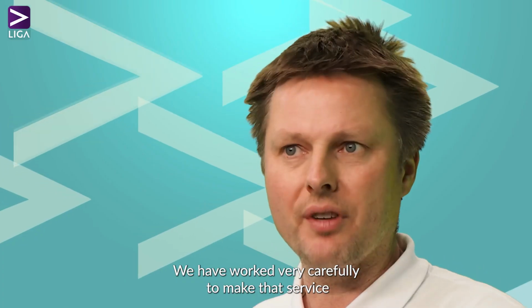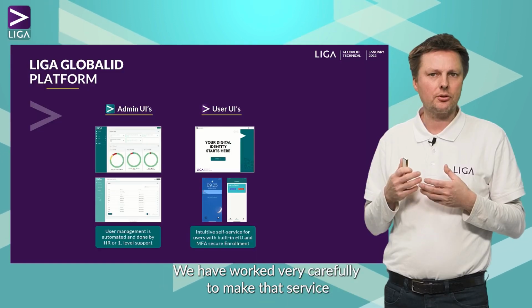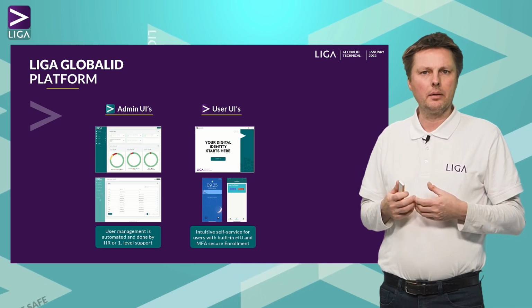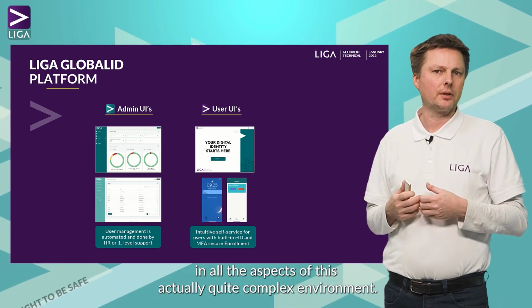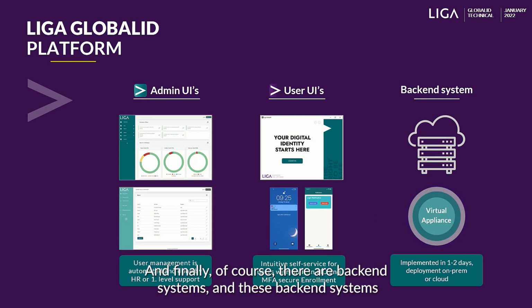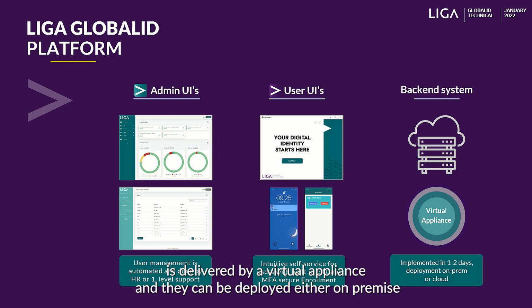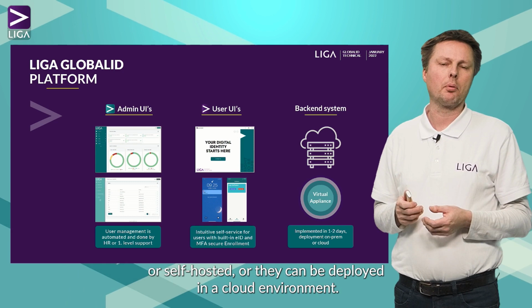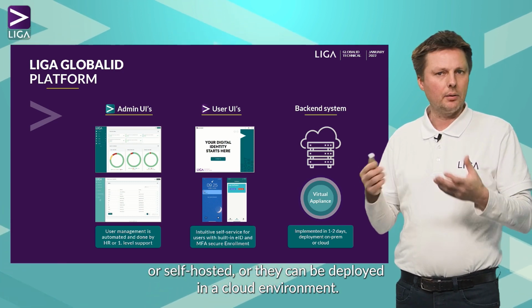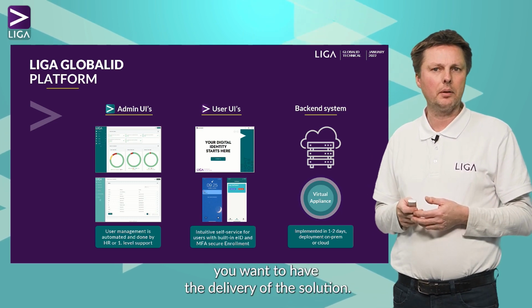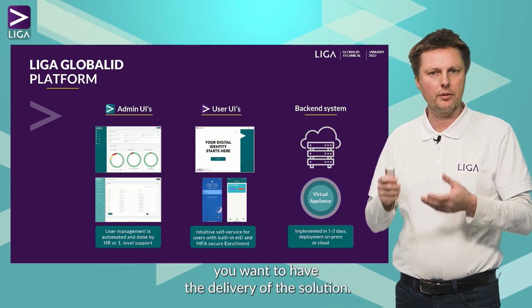We have worked very carefully to make that service very easy and simplified for the users in all the aspects of this actually quite complex environment. And finally, of course, there are backend systems, and these backend systems are delivered as a virtual appliance, and they can be deployed either on-premise or self-hosted, or in a cloud environment. That's all depending on your risk assessment and the way you want to have the delivery of the solution.